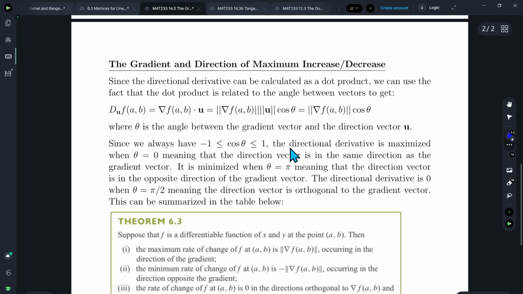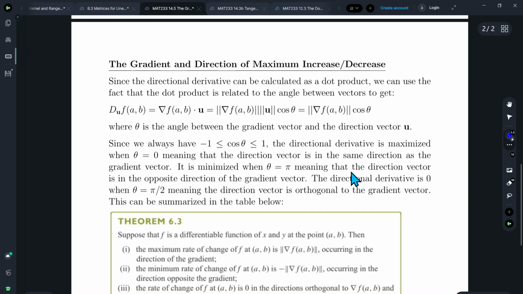So the directional derivative is maximized when the angle is 0, which is the direction where the direction vector is in the same direction as the gradient vector. Similarly, when the angle is pi or 180 degrees, cosine is -1, and that's the smallest, meaning most negative, value this expression can take. That's the direction where the direction vector is opposite the gradient vector.